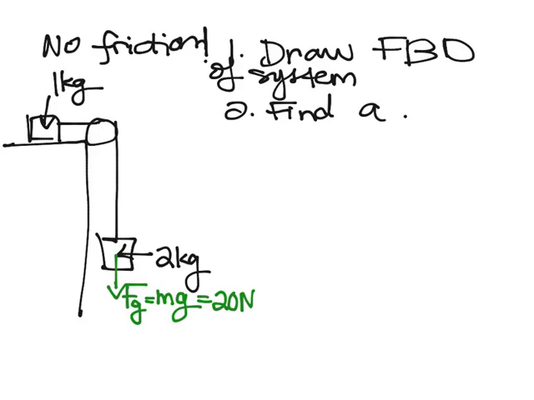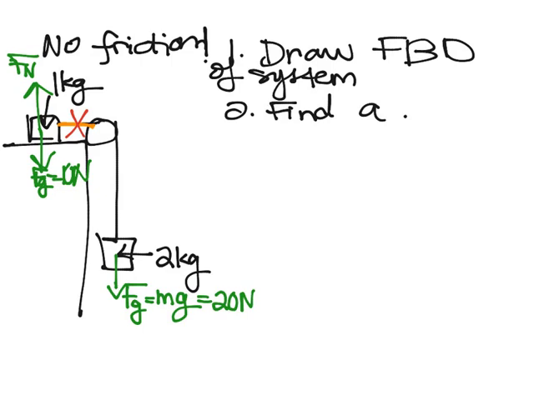On the 1 kilogram object, we have Fg, which is 1 kilogram times 10, just 10 newtons, and we have Fn going upwards. Now you might be tempted to draw this tension force. Don't do that. It's an internal force, so you're not going to put it on your free body diagram of the system. There are actually no other external forces.